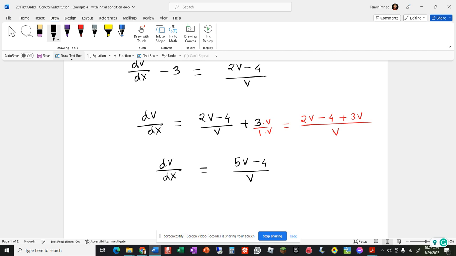So let's move all the v to the other side. So in other words, I'm multiplying both sides by the inverse of that. So v over 5v minus 4, both sides.